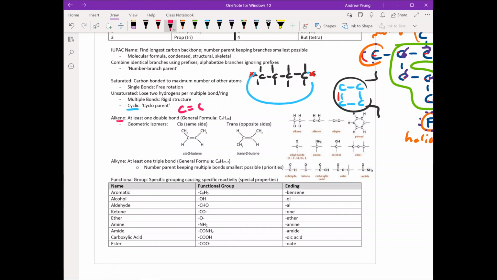Now my general formula has reverted down to H2n. If you go even farther, an alkyne with a yne ending will have a triple bond. Again, that triple bond specifically has to be between 2 carbon centers. I lost yet another 2 hydrogens. In doing that, you'll notice my general formula has changed. Those general formulas assume you only have one double bond or one triple bond, which we'll do for our course.